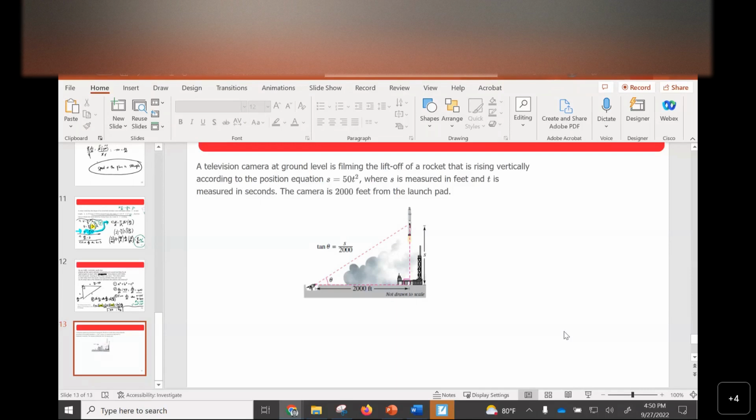The camera is 2,000 feet from the launch pad. All right, so they're kind of giving us a hint here. We have 2 options. We could go to the Pythagorean theorem, but here's the problem: they're asking about the angle, so I don't think that's going to help us. The Pythagorean theorem, of course, doesn't involve an angle. It's just the 3 sides. So there's a good chance I'm going to need an equation that includes an angle, but also includes some sides, and then you should be thinking of your trig functions.